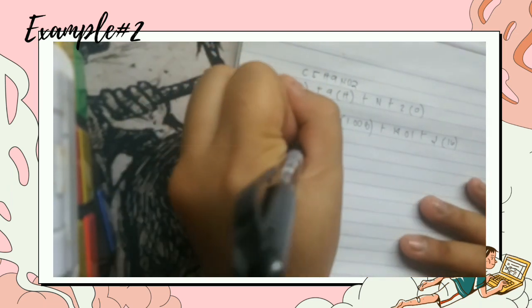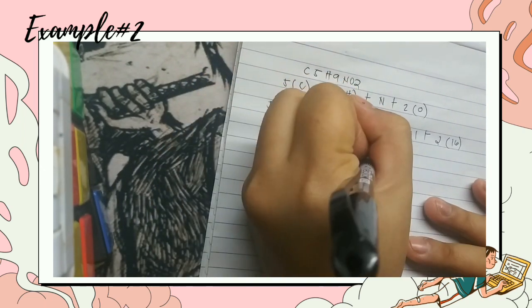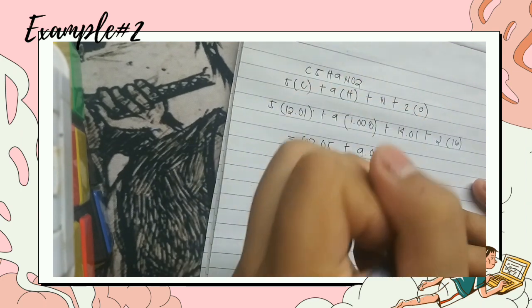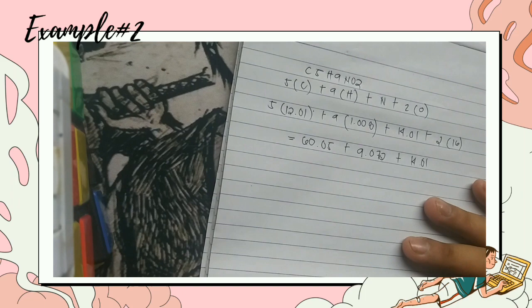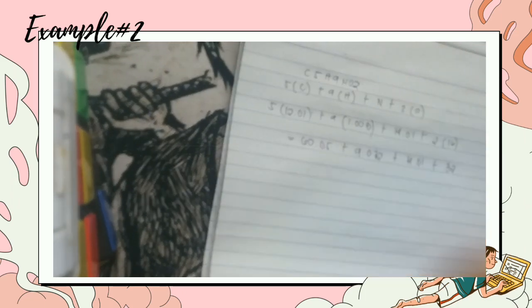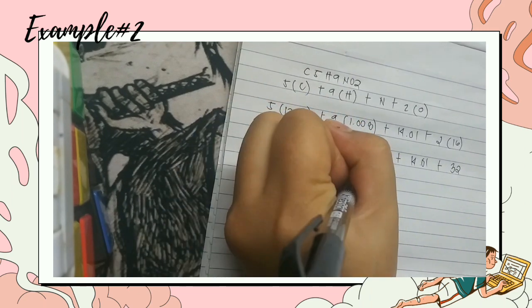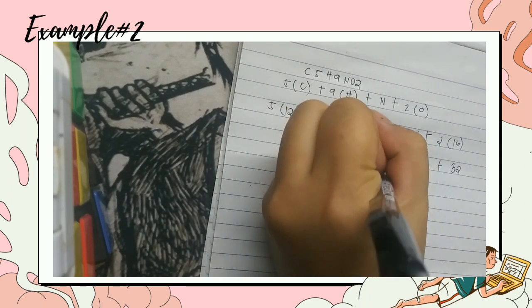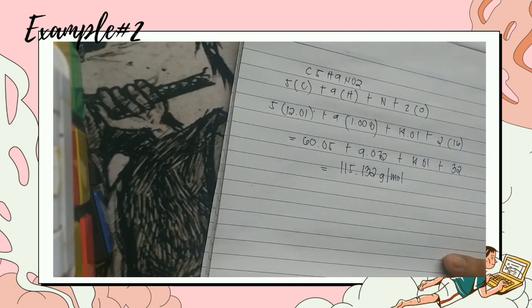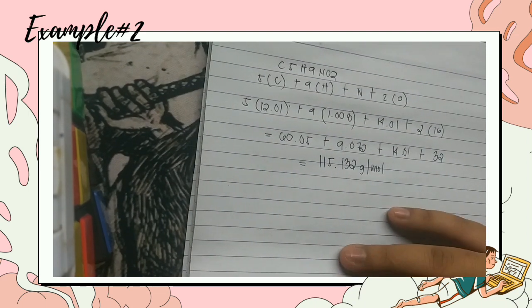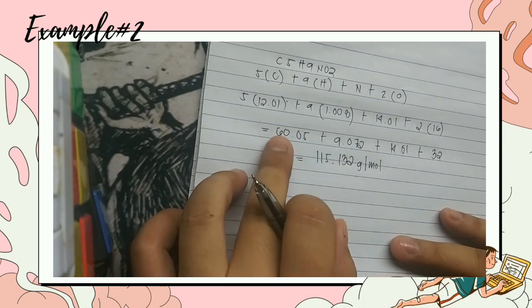The answer will be 60.05 plus 9.072 plus 14.01 plus 32. And the total of the given will be 115.132 grams per mole. The third step, we will divide each of these from our first given.